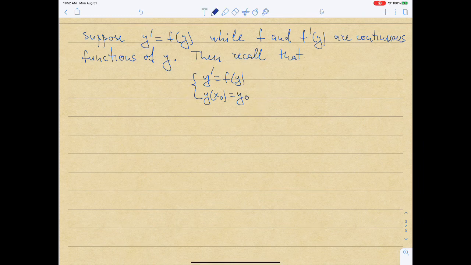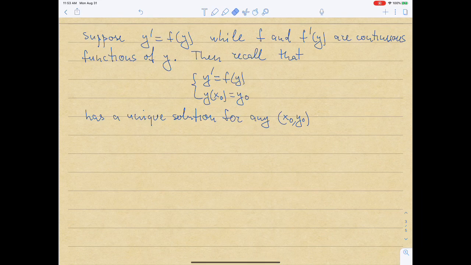So that is our previous result. So this guy has a unique solution, and this would be true for any point x0, y0.